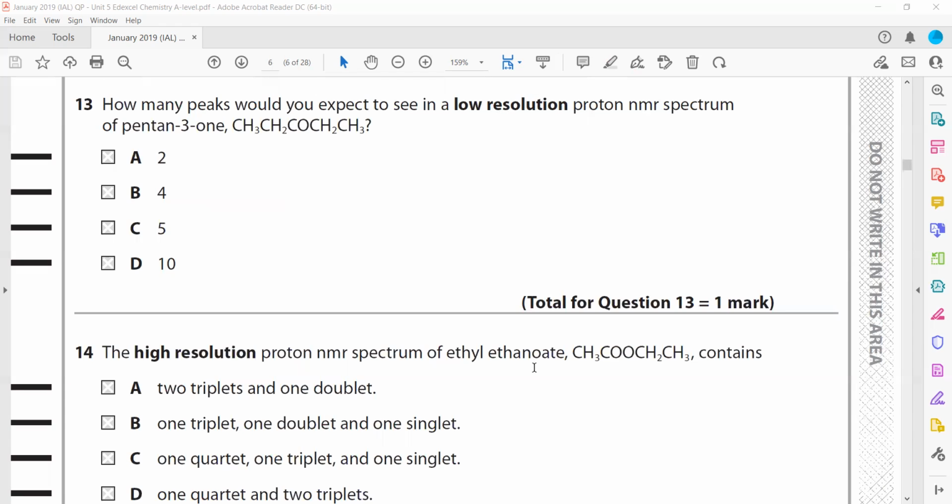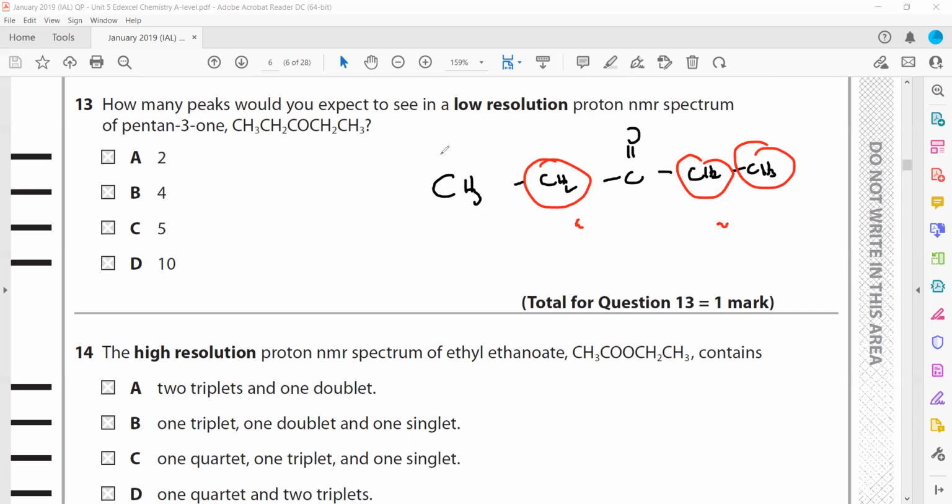Pentanone is CH3, CH2, C double bonded with O, CH2, CH3. Here this CH2 is identical to this one, so they will give one peak, A. And this CH3 is identical to this one, so that will be B. So there is A and there is B. A contains 4 hydrogens, B contains 6 hydrogens, so the ratio will be 2:3 for their peaks.